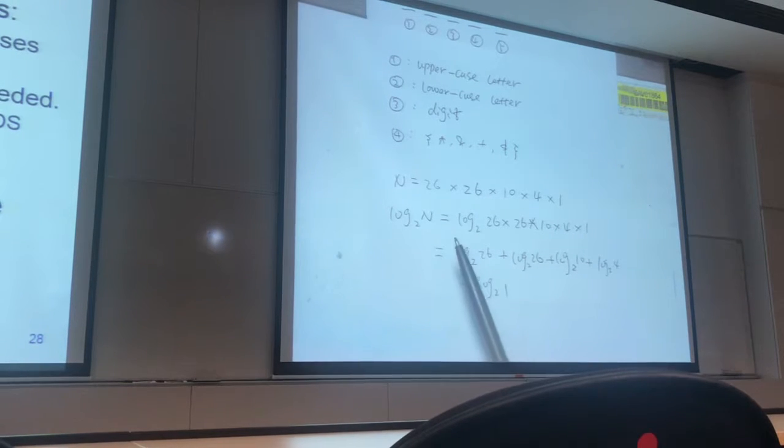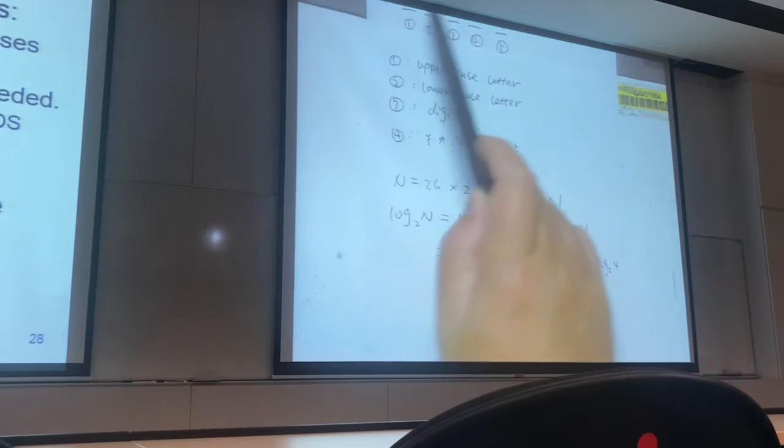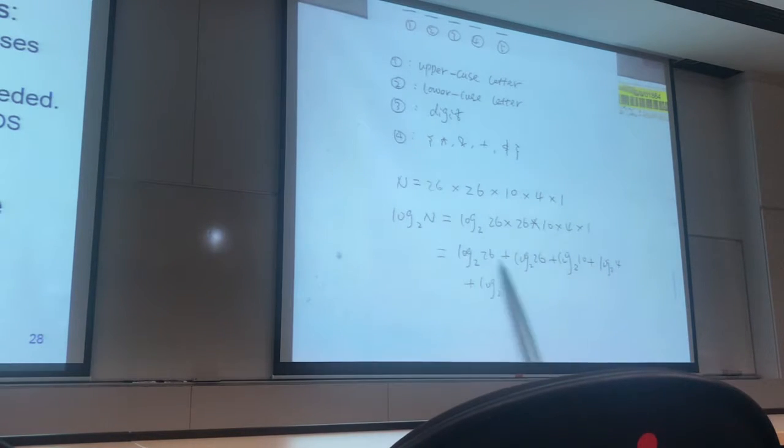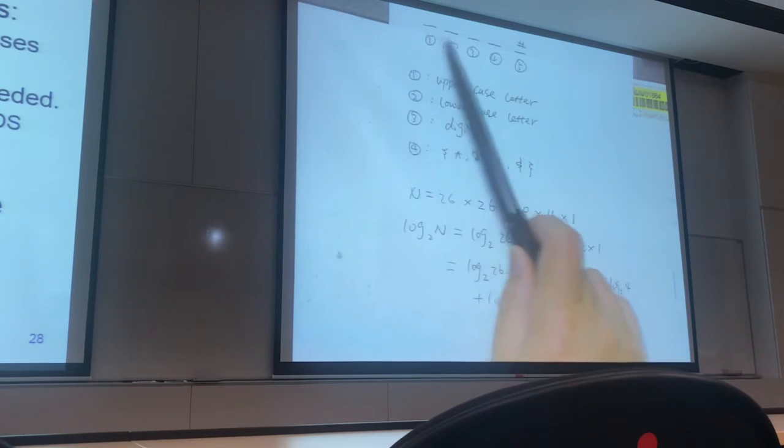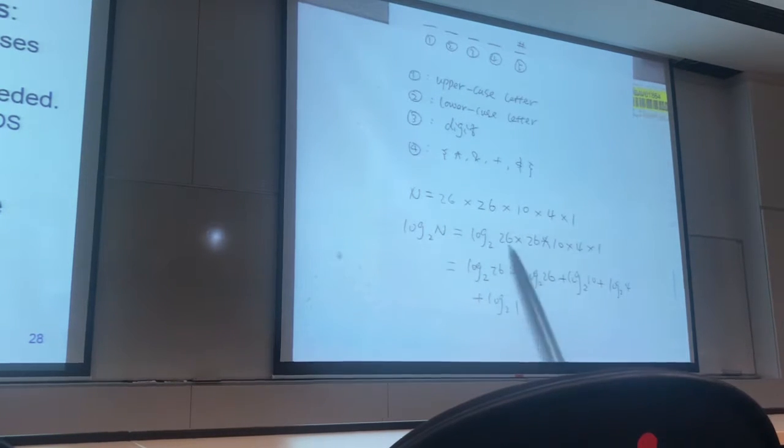Basically, the entropy of the whole password is the sum of the entropy of each individual character.